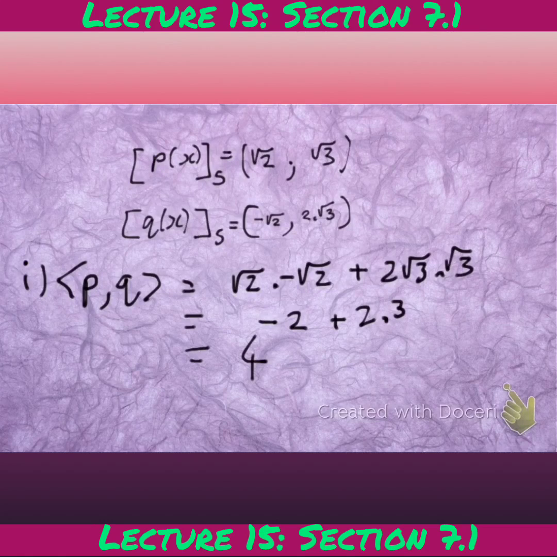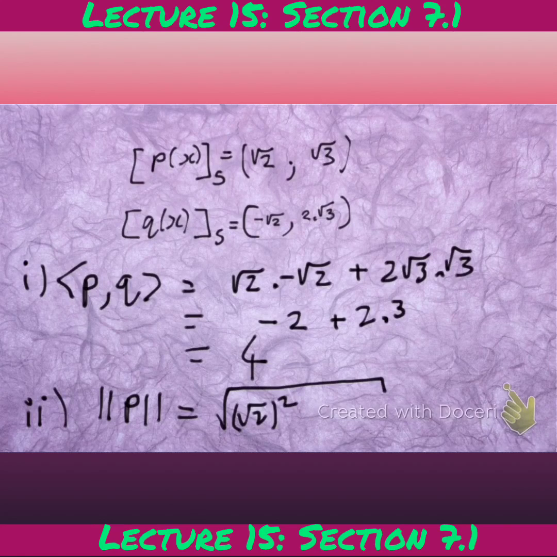Okay, and the norm of P, according to my previous theorem, is the square root of 2 squared plus the square root of 3 squared. So that is the square root of 5.